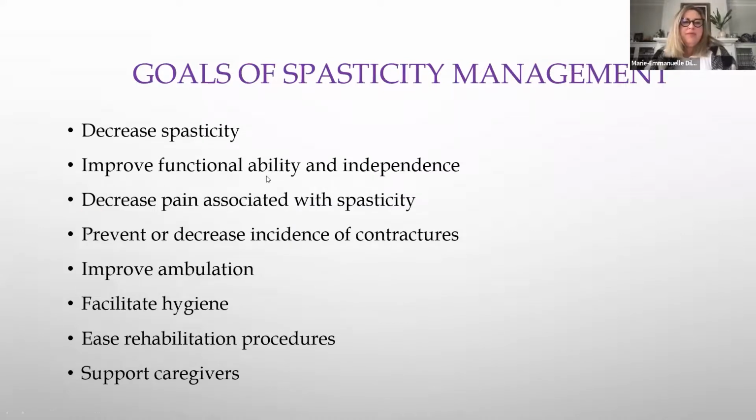Also, management is important to improve the functional ability and autonomy of the patient, to improve ambulation, to facilitate hygiene, and to ease the rehabilitation procedures. It's also a support to caregivers, because if the person is less stiff, obviously it's going to be easier to do the hygiene or the transfers, for example.